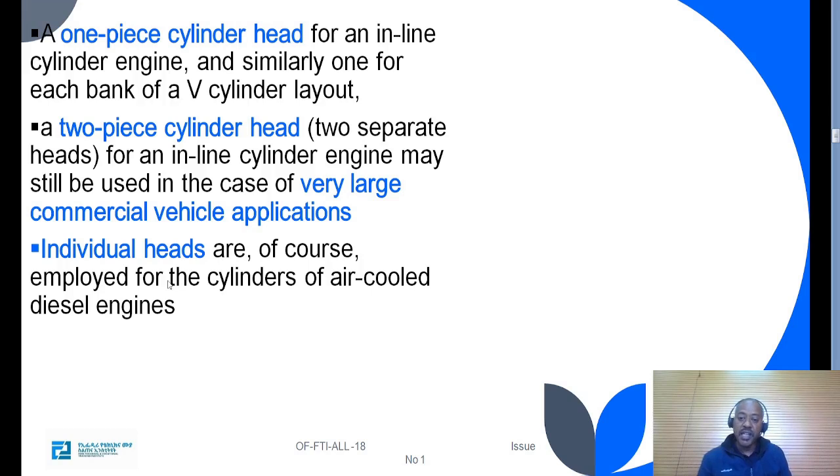A two-piece cylinder head, which means two separate heads, for an inline cylinder engine may still be used in the case of very large commercial vehicle application. Individual heads are of course employed for the cylinders of air-cooled diesel engine.